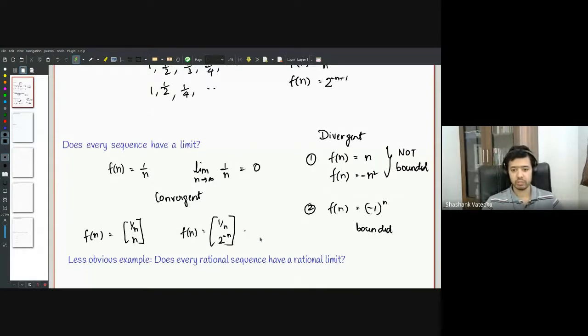What is the limit of this sequence? So it's the zero vector. So it is 0, 0.